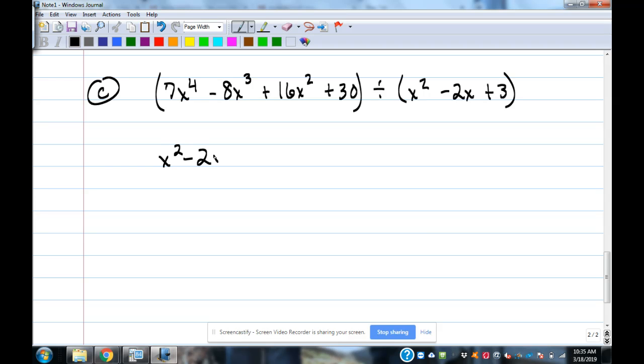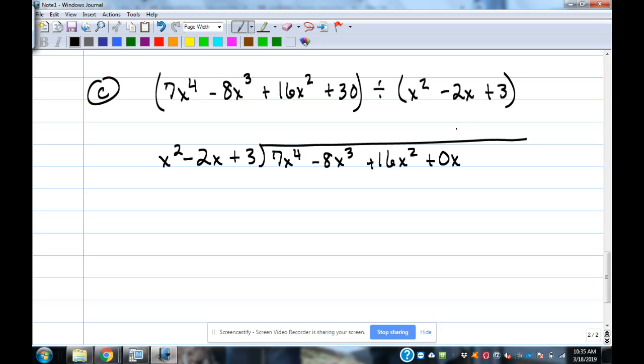Descending order. Make sure everybody's there. 7x to the 4th. Negative 8x cubed. 16x squared. What else do I need to put in there? 0x, because there's not a plain x in that dividend.